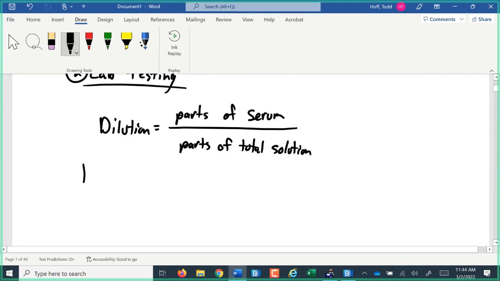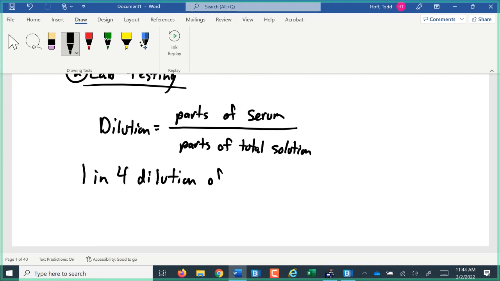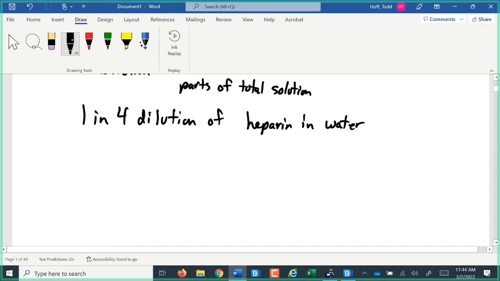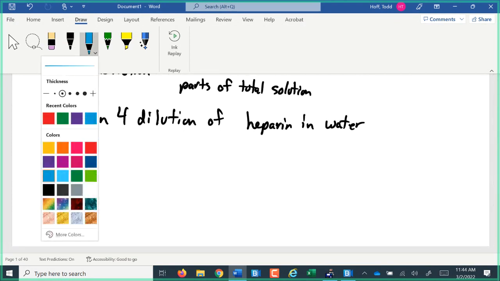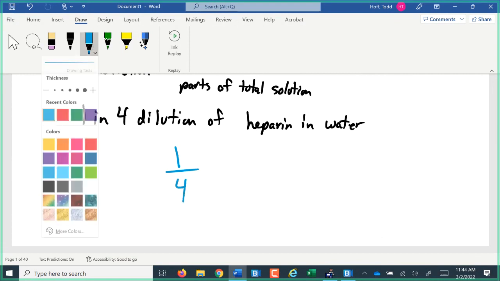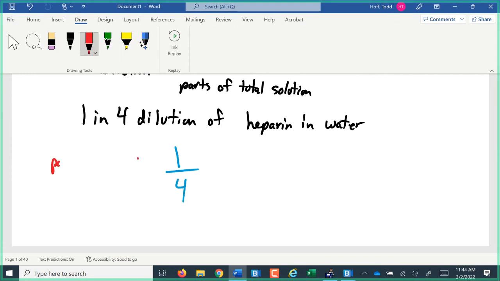So if we give a 1 in 4 dilution, heparin and water, but this is saying 1 in 4, the 1 is parts of heparin, 4 is the total part solution.